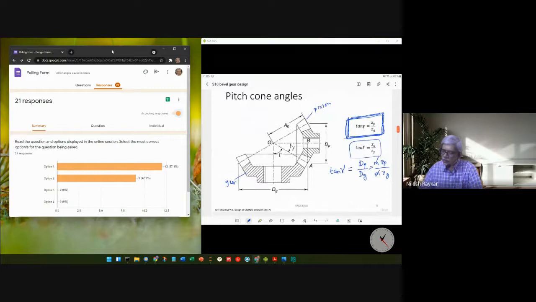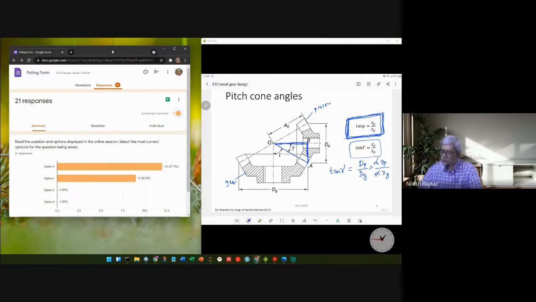What expression we developed here, tan gamma equal to Zp by Zg, is it true for any bevel gear configuration? How we developed this is we consider tan of gamma equal to this height divided by this distance.